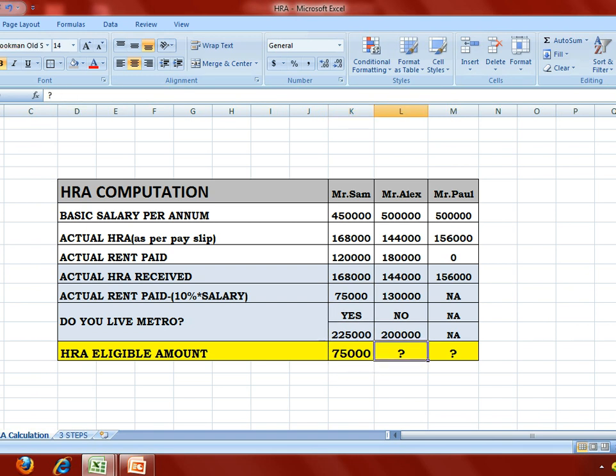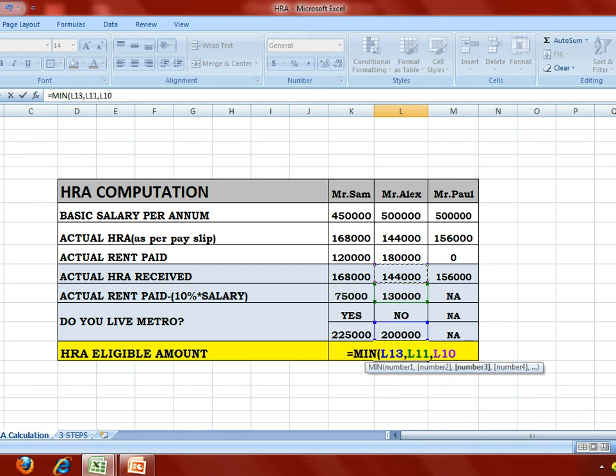If you do the similar calculation for Mr. Alex, you would be able to figure out the value for Mr. Alex, which is 1,30,000 rupees.